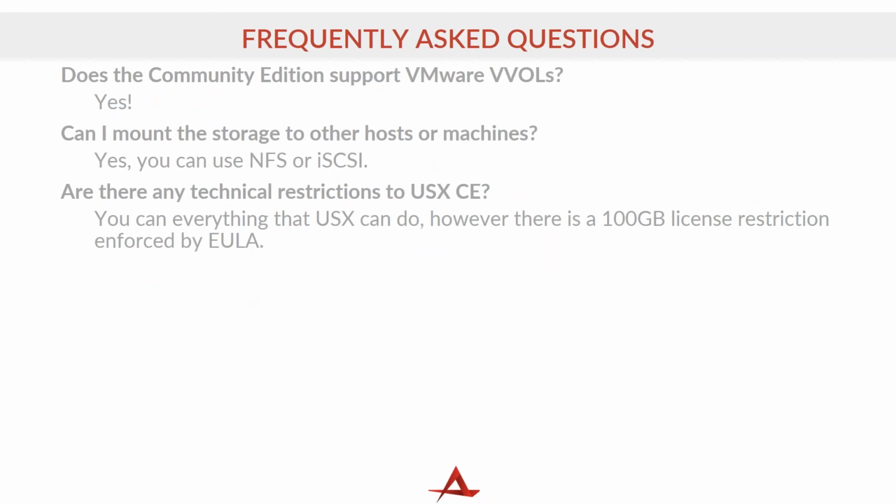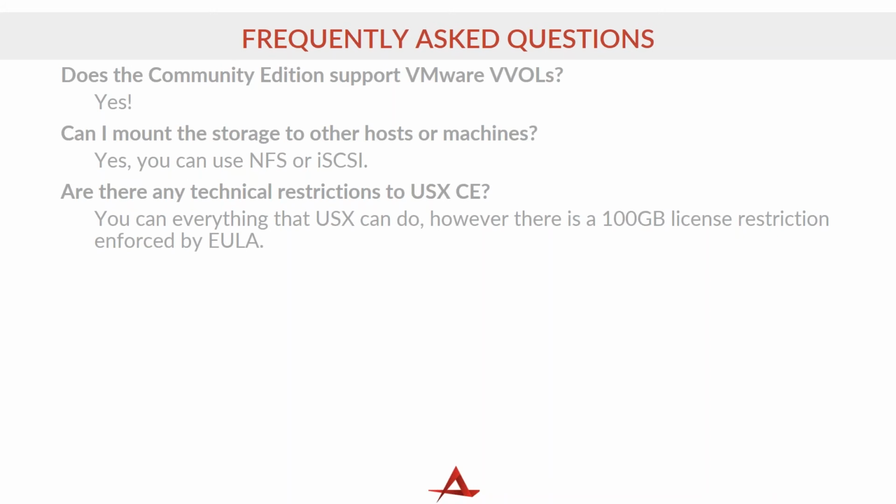It contains the full USX software. So you can do whatever that USX can do. So yes, you can enable VMware virtual volumes in the simple hybrid, simple memory, or simple flash volume, and then try out VMware vVols. So set up a storage policy and so on.